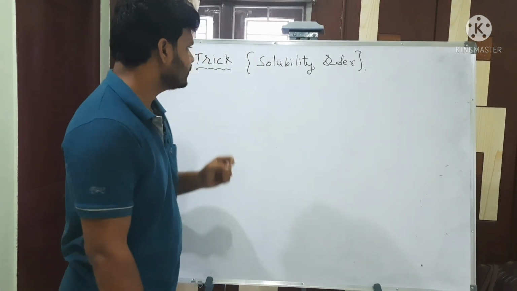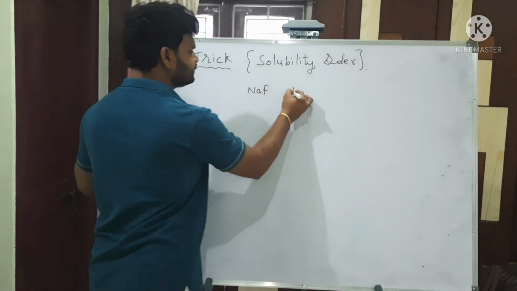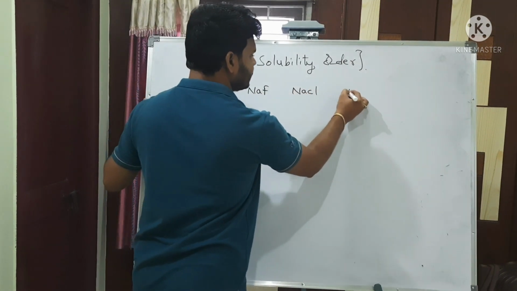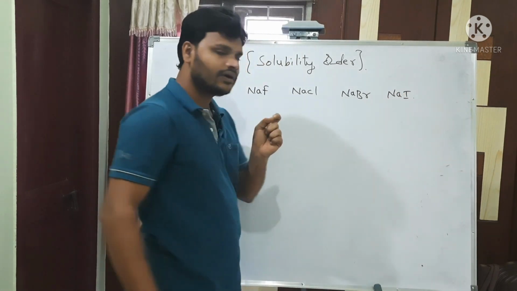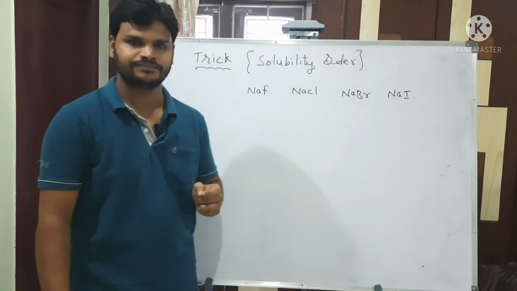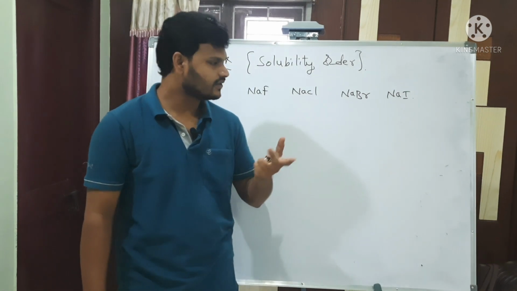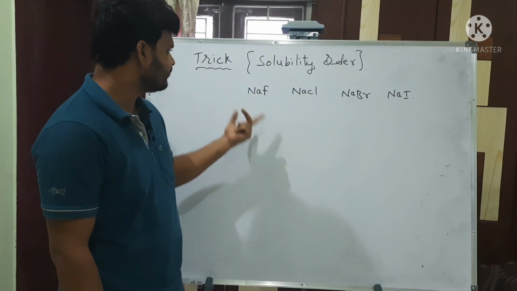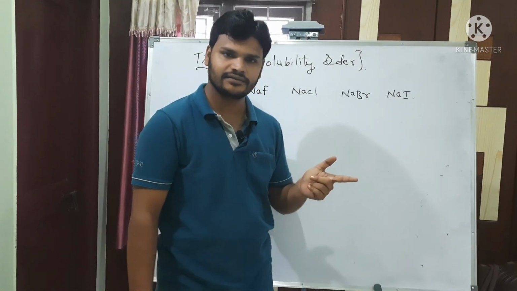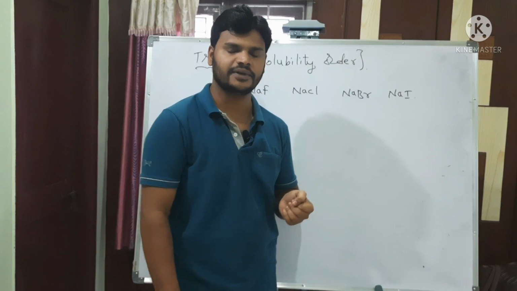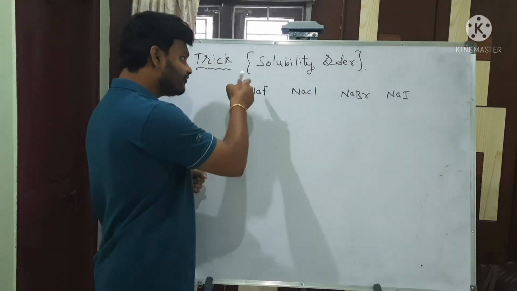Generally in examination you will get a question like this: NaF, NaCl, NaBr, NaI. Out of 4, which is more soluble in water? So students get confusion, NaF or NaCl or NaI. After the trick, you will give the answer in a very easy manner. I am sure you are going to give the correct answer after the trick.